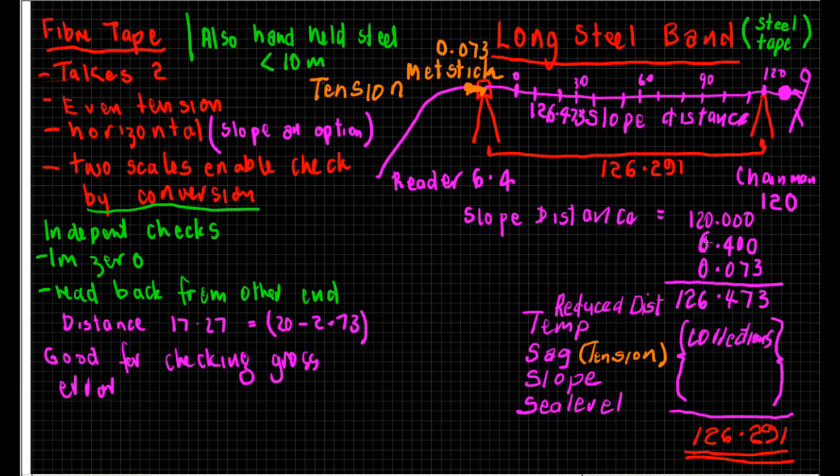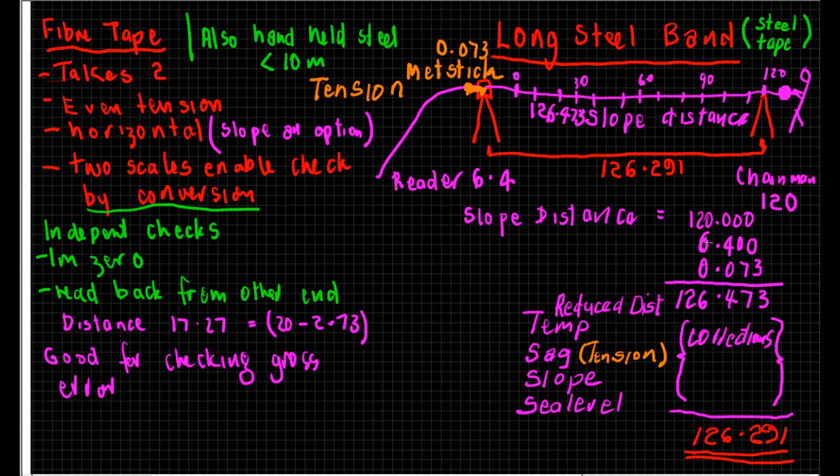The instrument man, or usually the surveyor, then pulls up the band and applies a tension to it. Usually 7 kgs, in my experience, and pulls that up. The reason for the tension is to get an even tension on it, so that the sag correction can be calculated accurately with that tension.